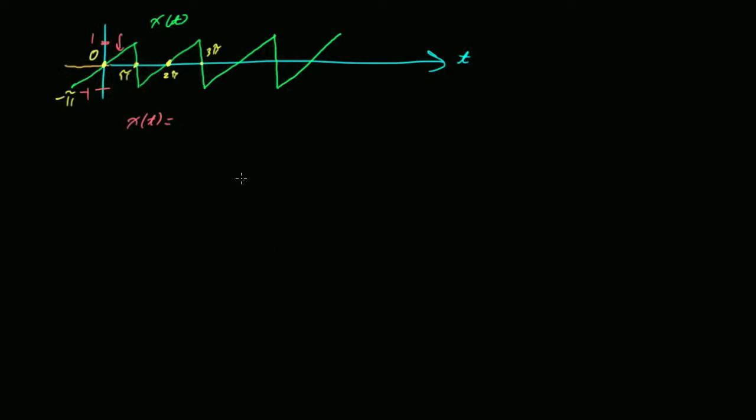What's my rise over run? 1 over pi. So that's my slope. So is my answer t over pi? Yep. I know that's right, because if I stick in t equals pi, I get 1, and if I stick in t equals negative pi, I get negative 1. So we're good.